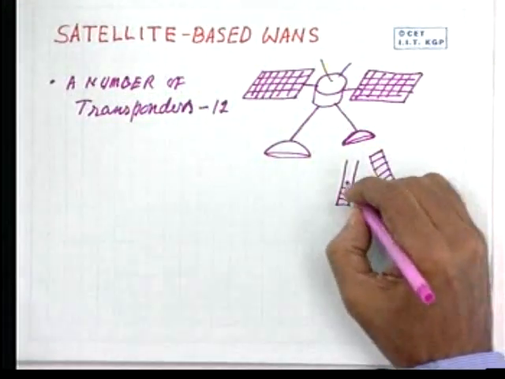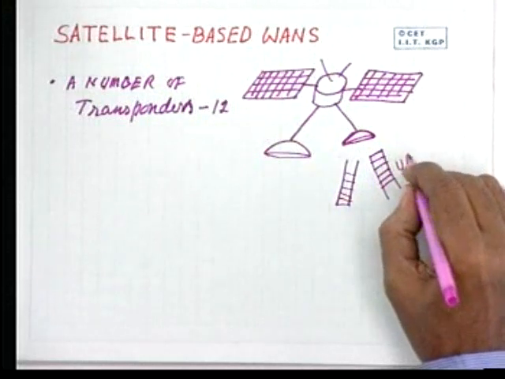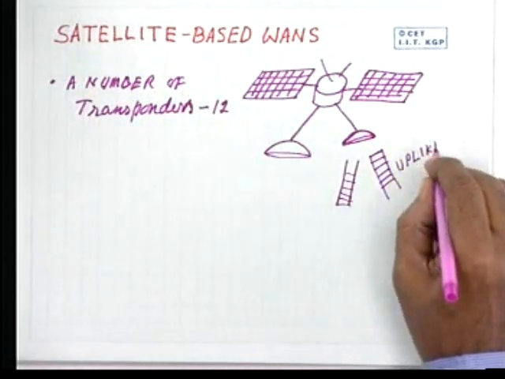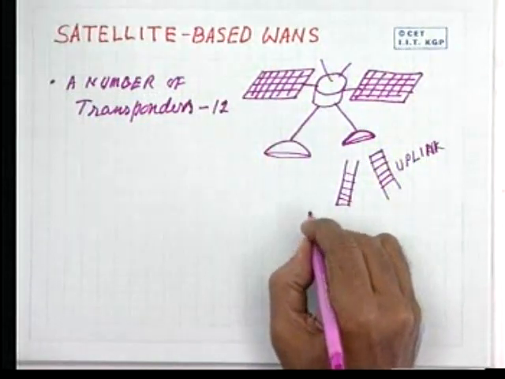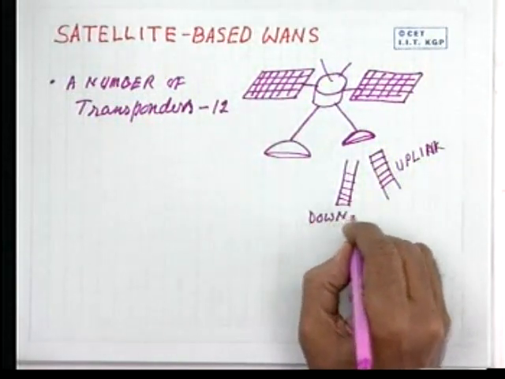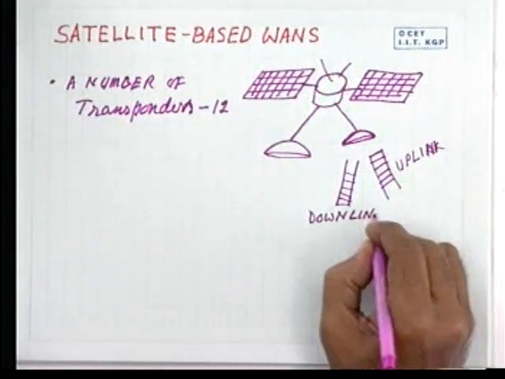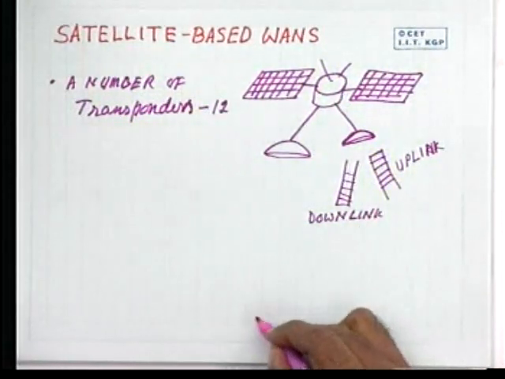This is, as you know, the uplink, using uplink frequency, and this is using downlink frequency. And here is Earth.